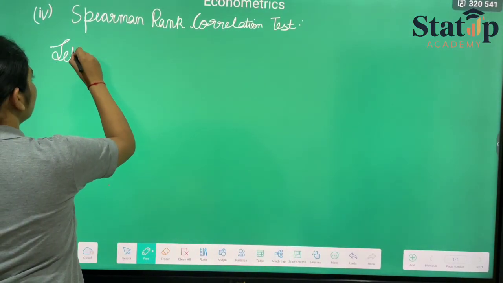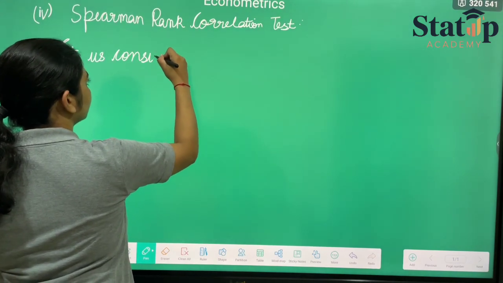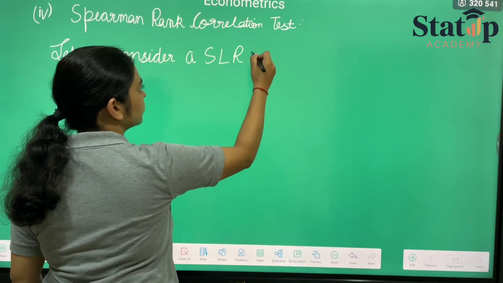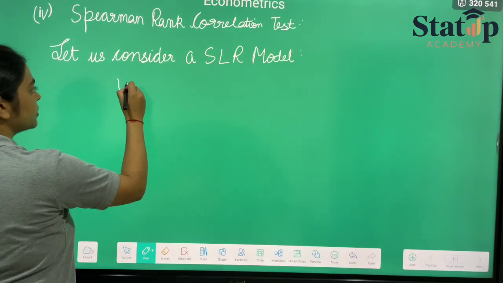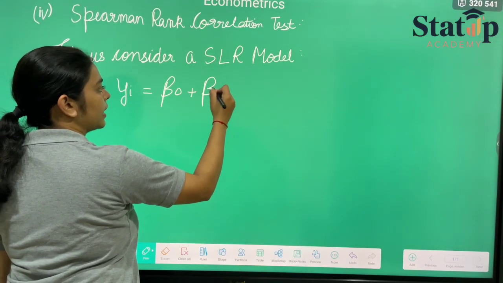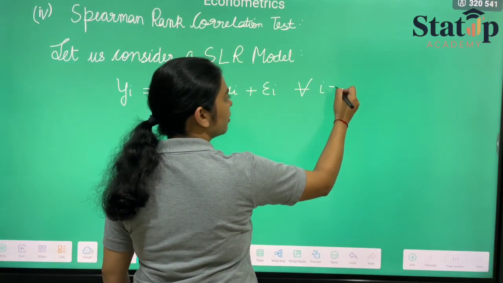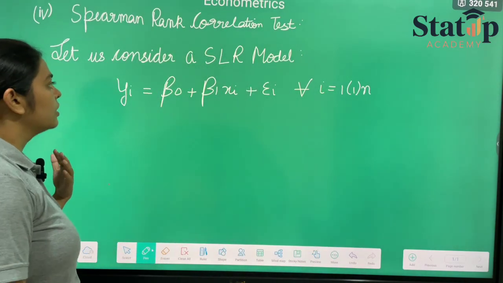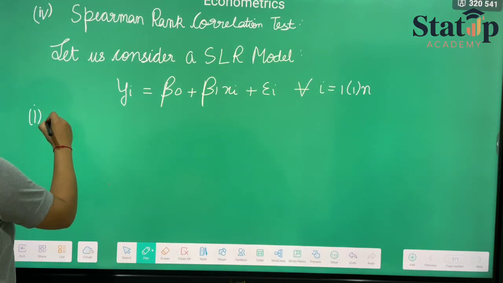Let us consider a simple linear regression model, which is yi is equals to beta naught plus beta 1 xi plus epsilon i for all i goes from 1 to n. Let us consider this SLR model. So from here, we will take steps.